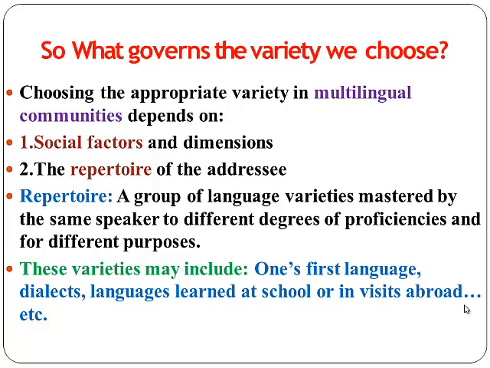A repertoire is a group of language varieties mastered by the same speaker to different degrees of proficiency and for different purposes. These varieties may include one's first language, dialects, languages learned at school or in visits abroad, etc.